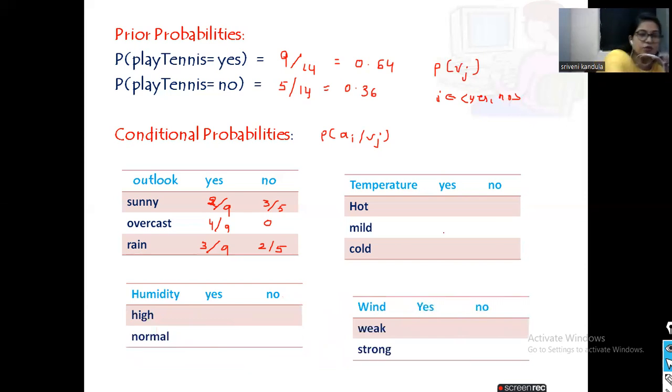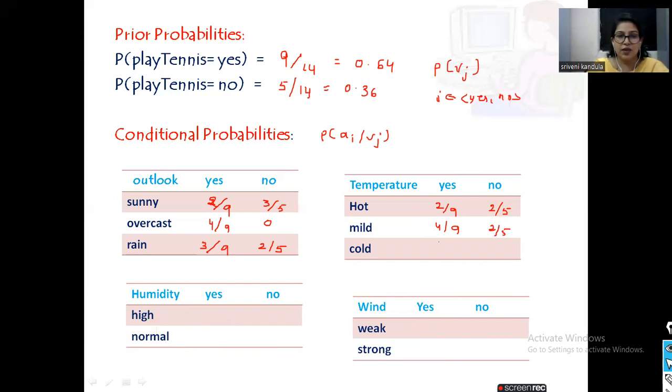Okay, so if you see the temperature, for hot we have two positive instances and two negative instances. Similarly, for mild, we have four positive instances and two negative instances.